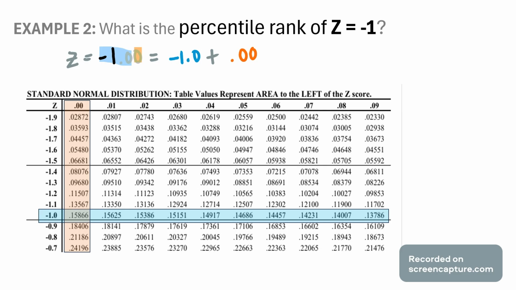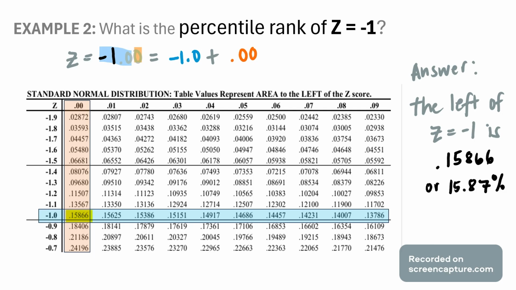Their intersection is 0.15866 or 15.87%, which is the percentile rank of z equals negative 1. Just like what I said a while ago, if we have a negative z, that means our percentile rank should be less than 50%, which makes our answer reasonable.